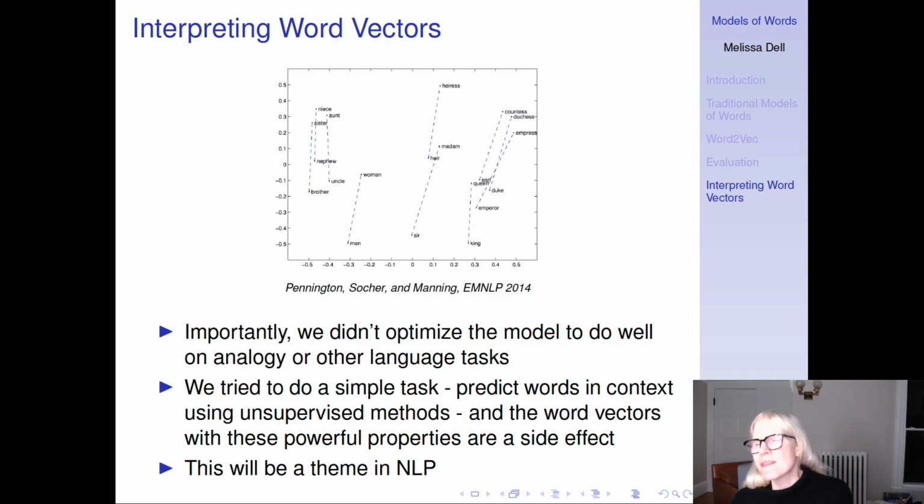And this is going to be a theme in NLP, that good representations can have very powerful properties and can be useful for tasks that you want to do, even though the model was not pre-trained to do that specific task.